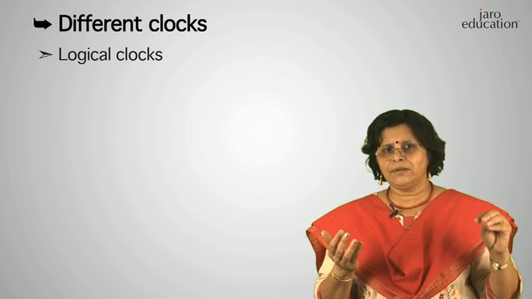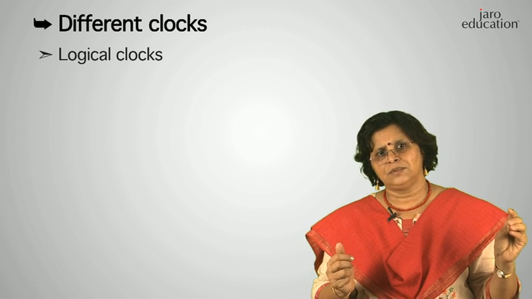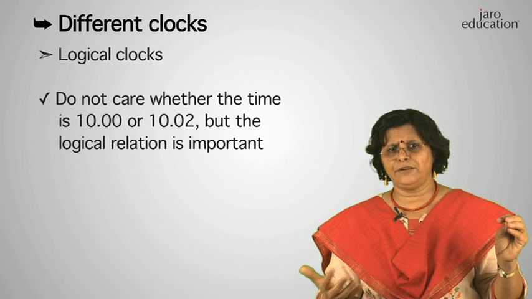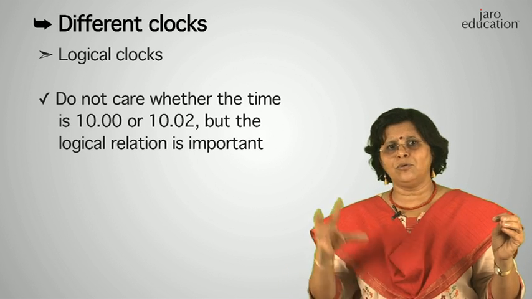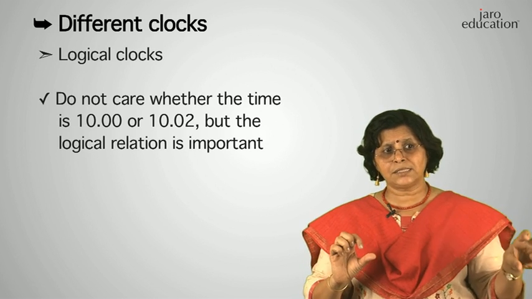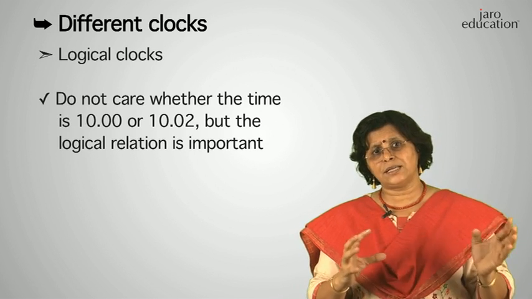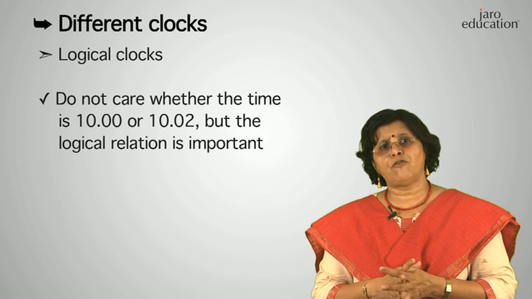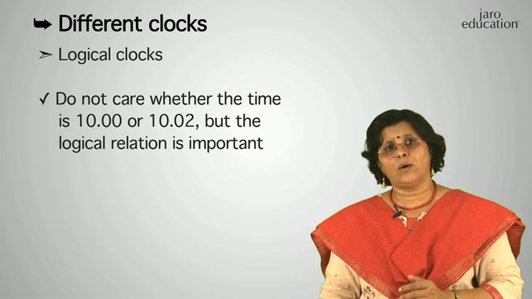X plus something will be the event which happens afterwards. We don't want to know whether it is 10:20 or 10:21 or 9:50 or 4:45 in the evening. I just have to know time x, and the later time has to be more than this because it happens afterwards. That's what the concept of logical clock talks about. There are a few algorithms for physical clocks and logical clocks which we will see one by one.